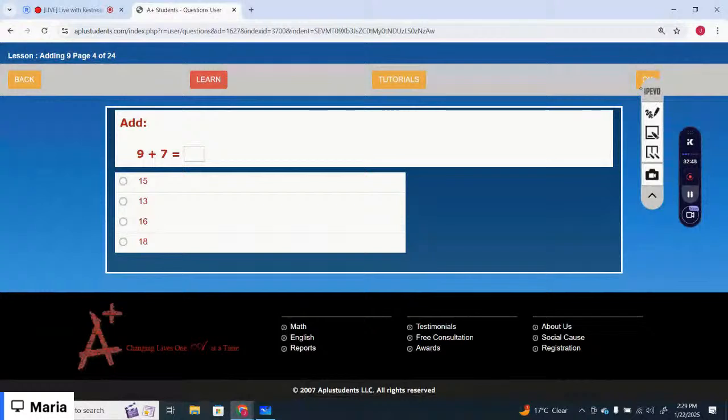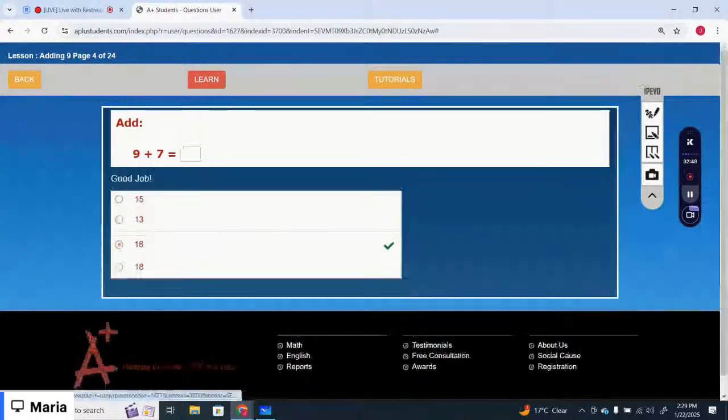So that is 16. The correct option is 16.